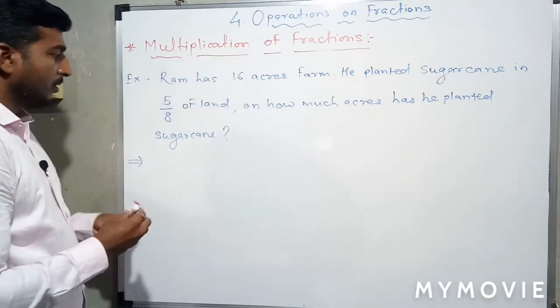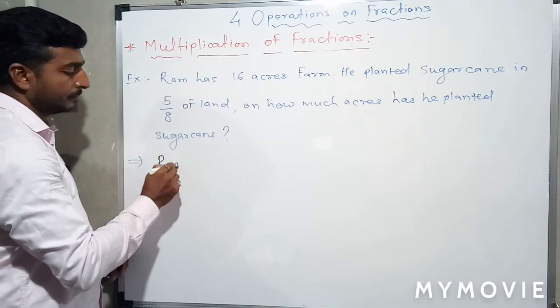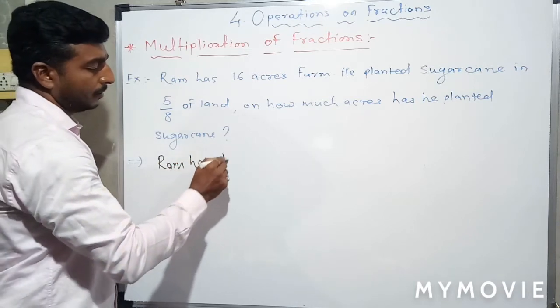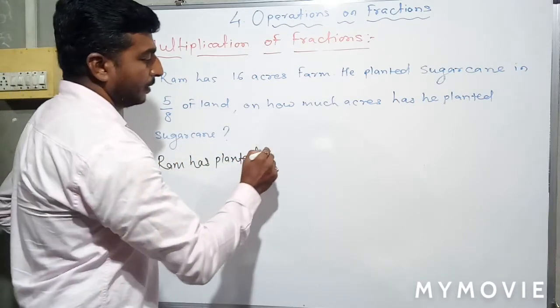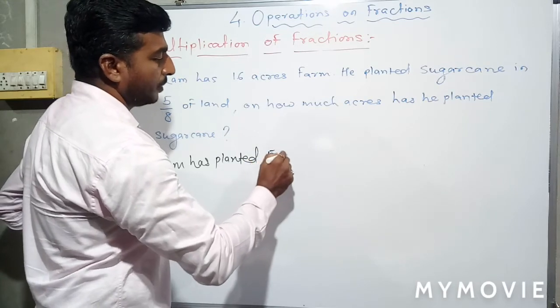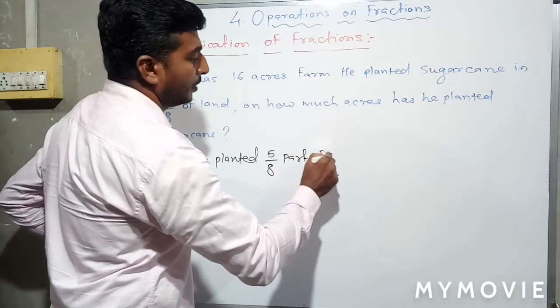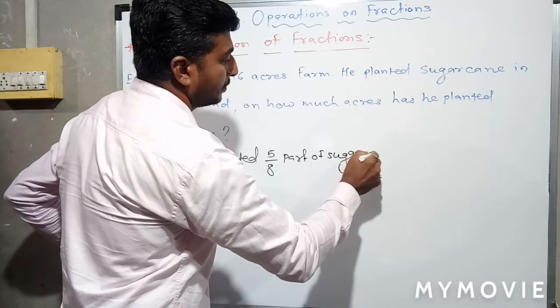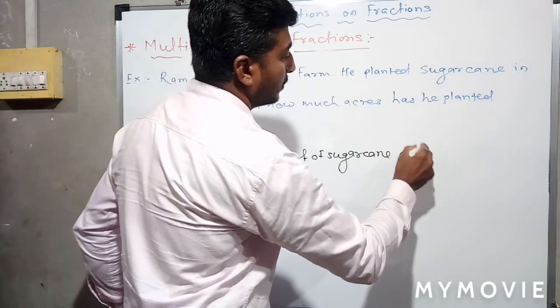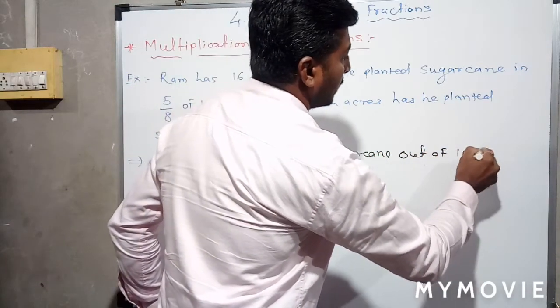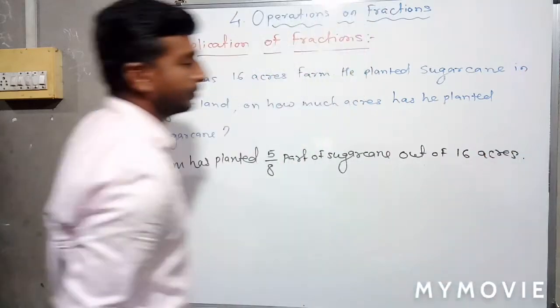So Ram has planted 5/8 part of sugarcane out of 16 acres.